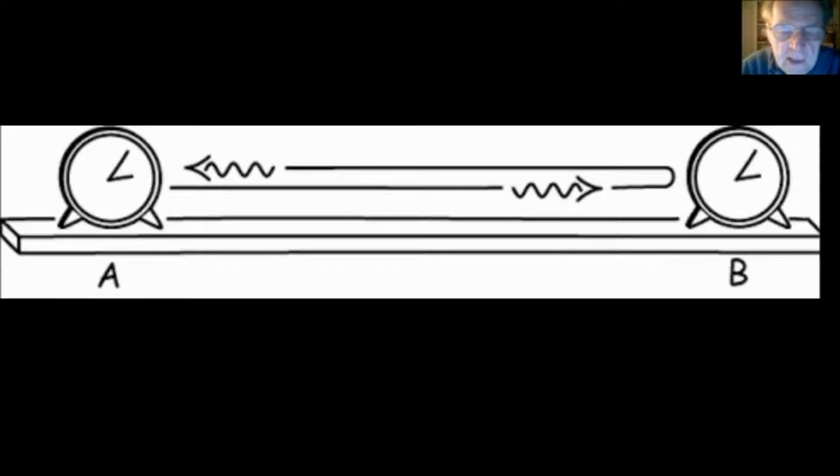However, let's say that the ray of light from A to B really took just 0.9 seconds. And the return trip from B to A took 1.1 seconds. However, remember, the B clock was set by the erroneous Einsteinian synchronization assumption.